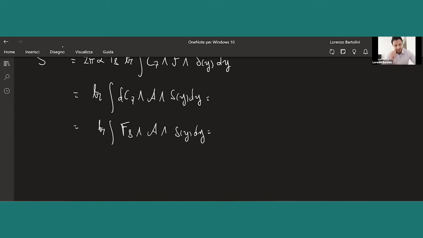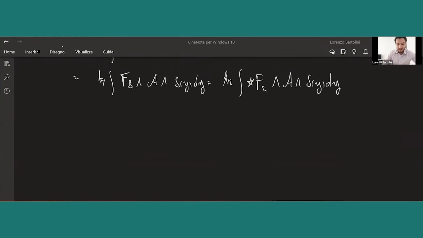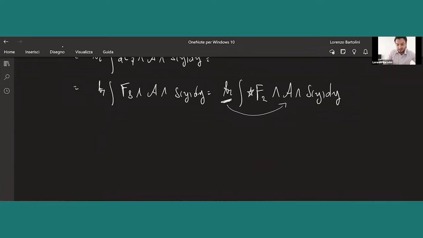But now we can use a thing that I didn't mention, but which is implied within the Ramond-Ramond sector, that the field strengths are duals. In which sense? Well, you have 10-dimensional space, so a p-form is dual to the 10 minus p form. So F8 is dual by Hodge duality to the F2. And so we have the trace of the Hodge dual of F2, wedge A. And so you see that here appears our C1 essentially. And the trace here selects only the abelian component, because we have the trace over only a gauge field here, and only the abelian part survives. And this is interesting because chiral symmetry is encoded in the abelian part.